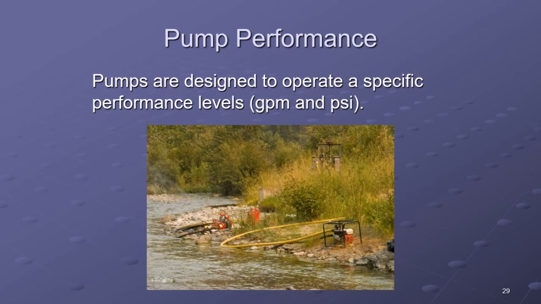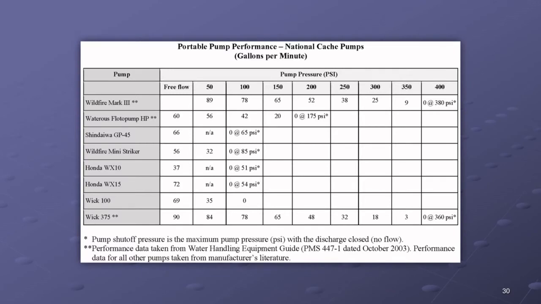So I can wrap that pump up to its max RPM, and if I need pressure in my hose lay, I won't be able to move as much volume. If I need volume in my hose lay, I won't be able to build as much pressure. If I need both volume and pressure, I may have to find a bigger pump or a different way to do it. So this is where pump performance comes into play.